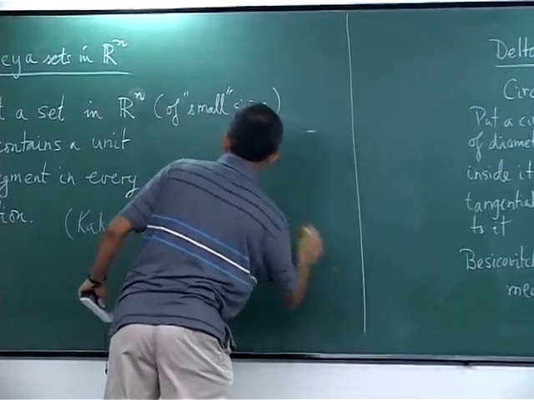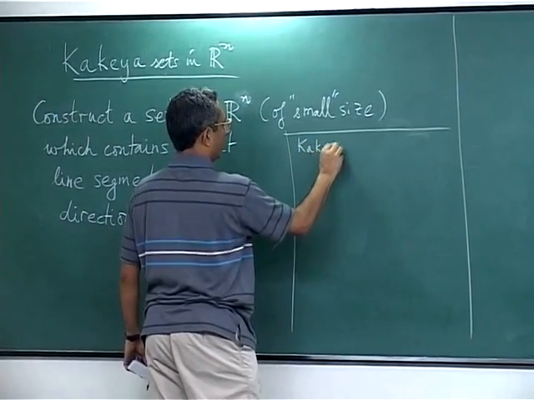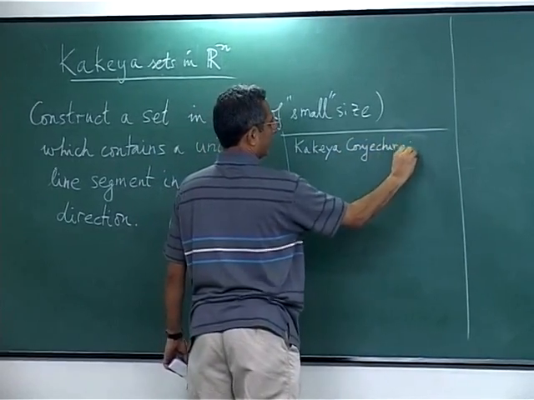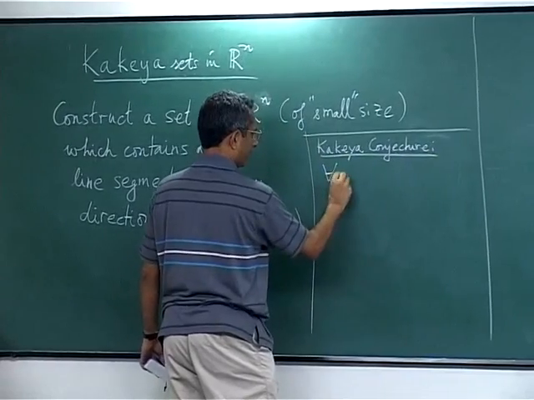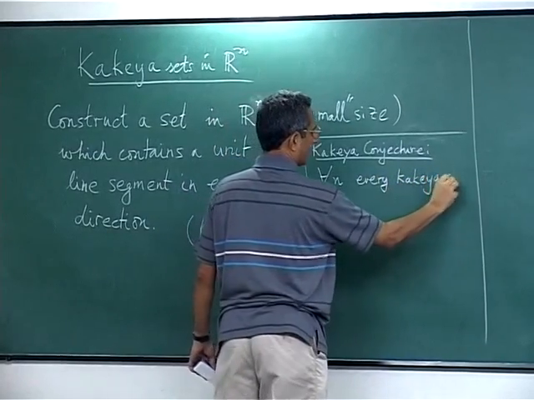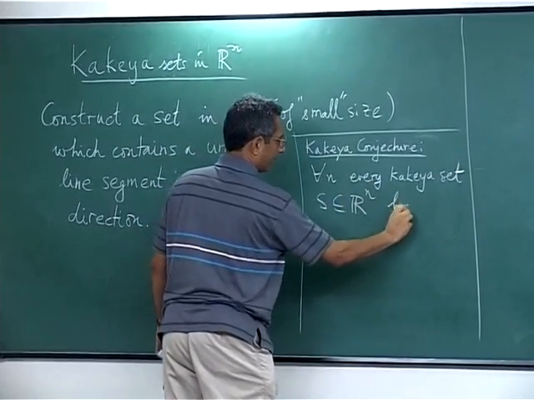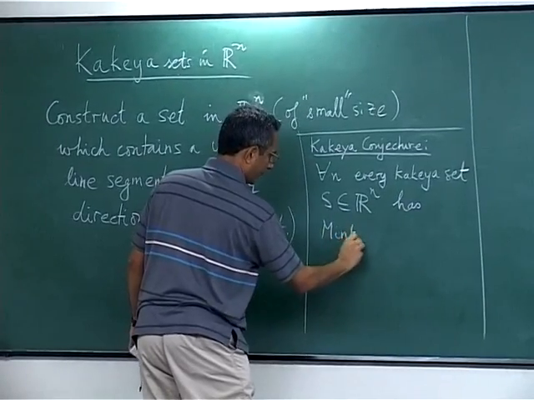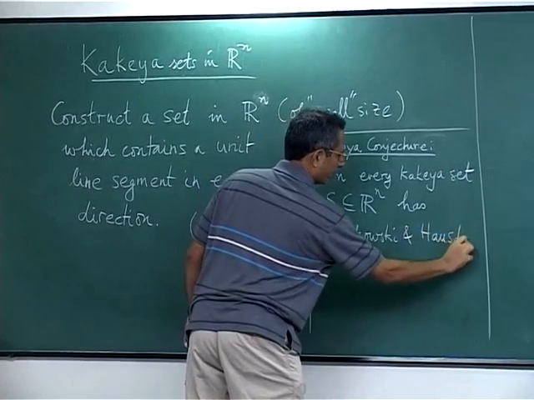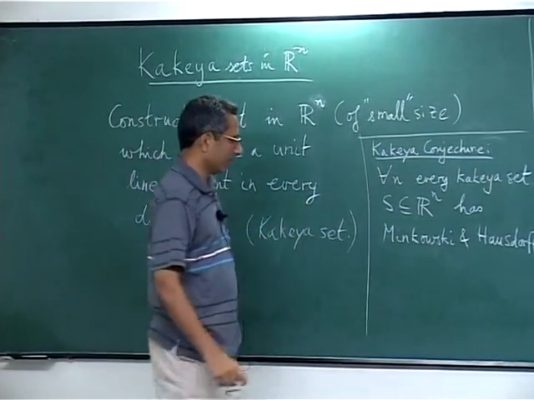This is considered one of the major problems. The Kakeya conjecture, or problem, or whatever you want to call it, is that for all n, every Kakeya set S contained in Rn has Minkowski dimension, and there is another notion which is that of Hausdorff dimension, which I am not discussing because it is more technical, and anyway we are not going to spend time on the Euclidean version.